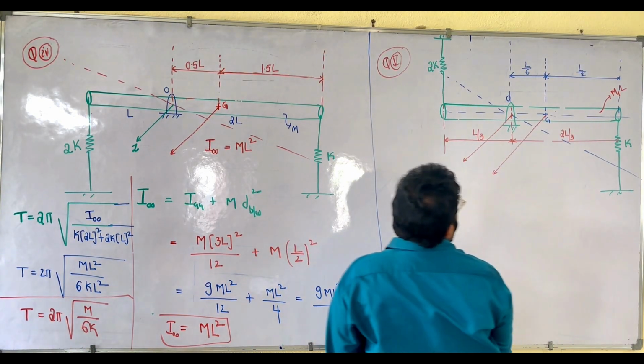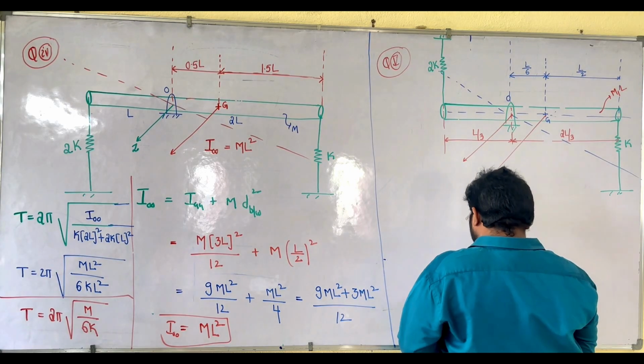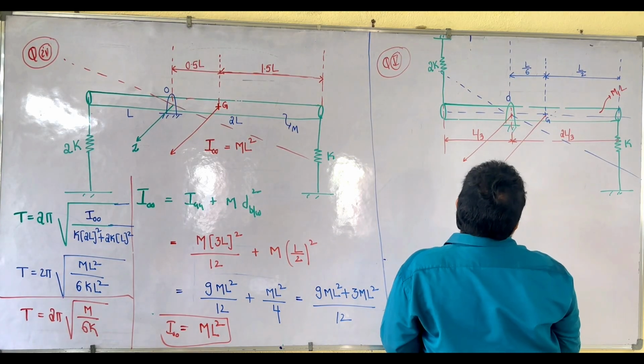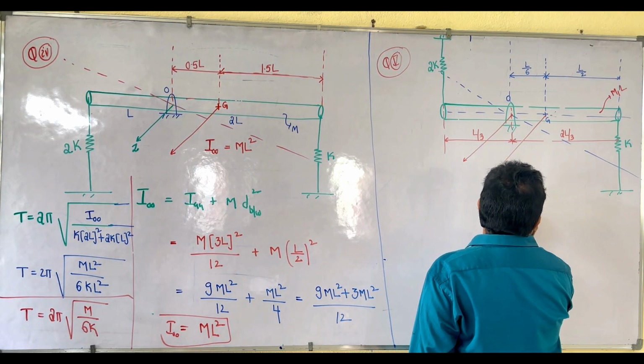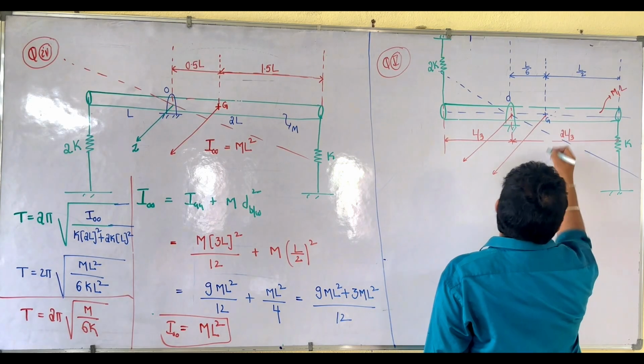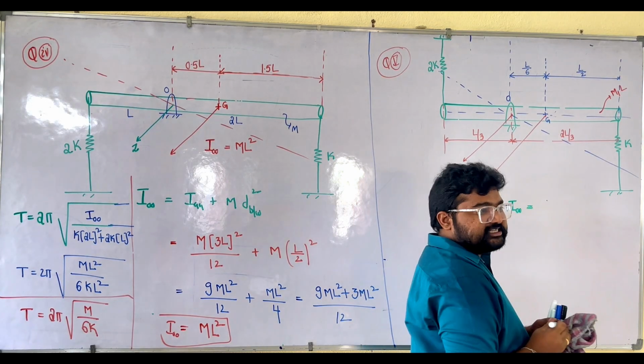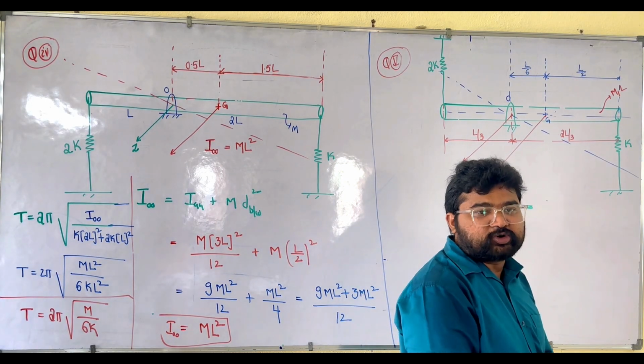Apply parallel axis theorem. What is IOO? Tell me. What is the parallel axis theorem? IOO equal to IgG plus mass into distance between square.